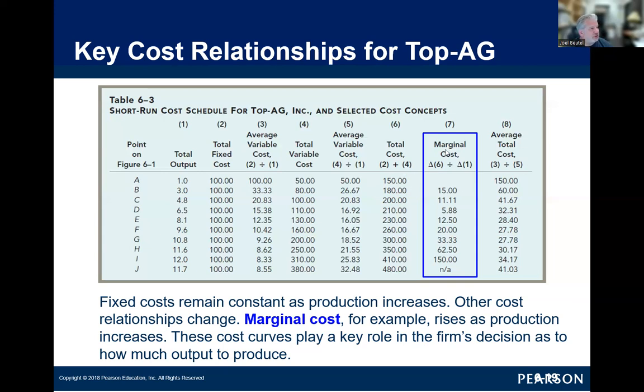If we have average total costs, really the way I do it is take column 6 and divide by column 1, right? So we get 150 divided by 1, 150. 180 divided by 3, 60. 200 divided by 4.8, we'll assume 41.67. But let's see if their method works.